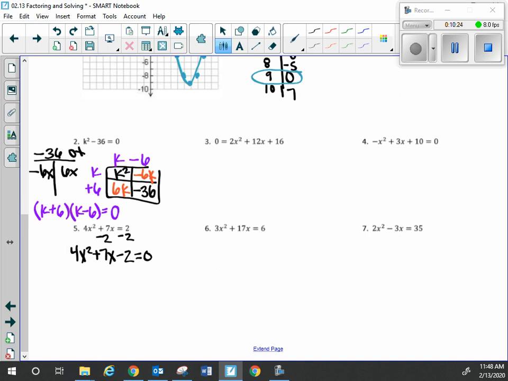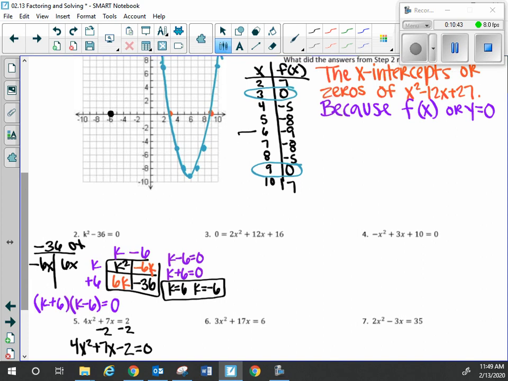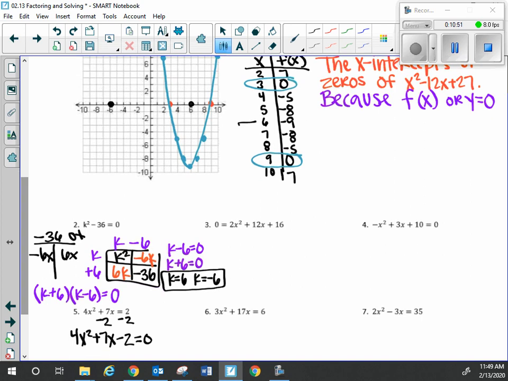So your solutions are k equals negative 6 and 6. That would mean that if I graphed it, my zeros are here. Then you can check using your graph.